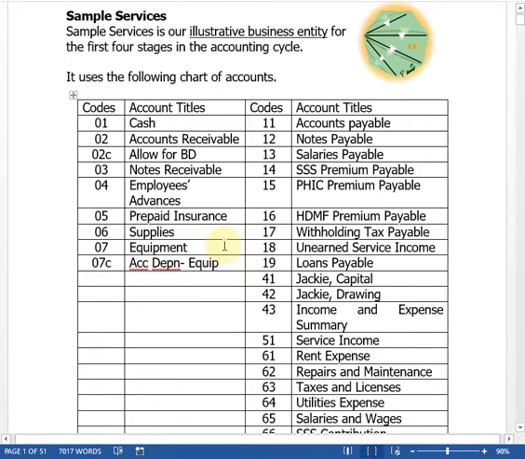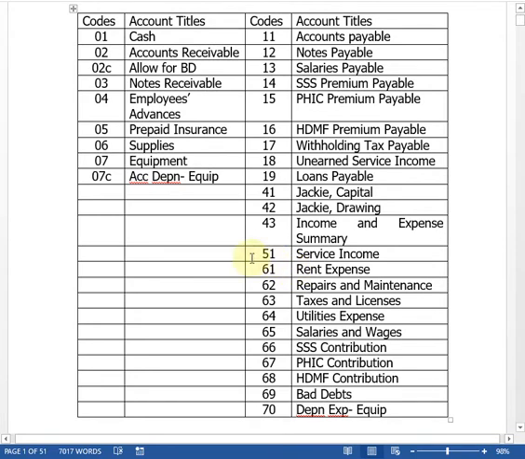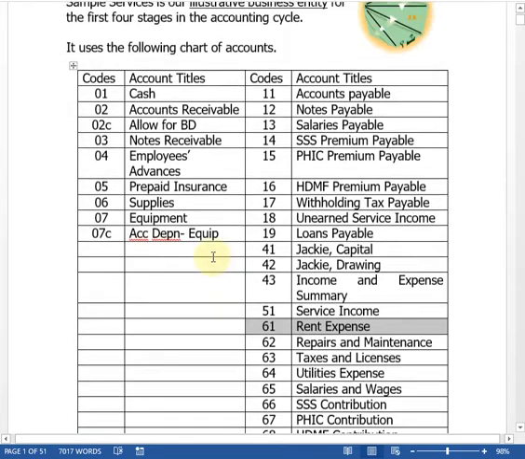Both account titles are equally applicable, but once the company has already established a chart of accounts like this one, the company will have to use rent expense and not rental expense, because in the chart of accounts, the account title used is rent expense. That is the very reason why a chart of accounts is established, so that the company can have uniformity of the account titles to be used.